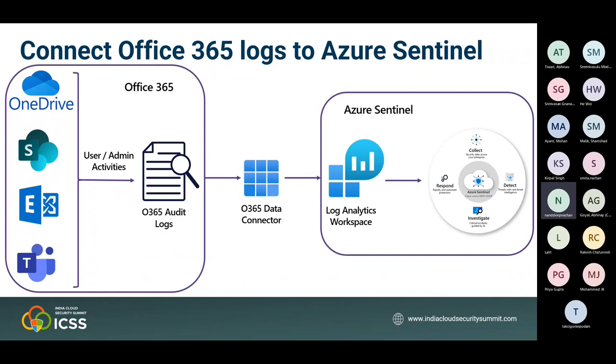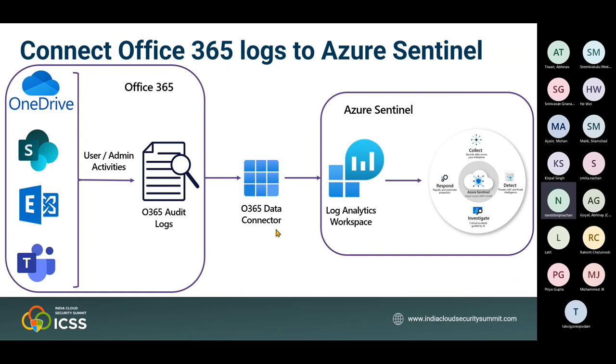What it usually does is, this is the boundary of Office 365, wherein all of the audit logs are created based on the activities performed by the user or admin. And then we have the Azure side of it, wherein we can create an Azure Log Analytics Workspace (LAW), and then we can use something called a data connector.